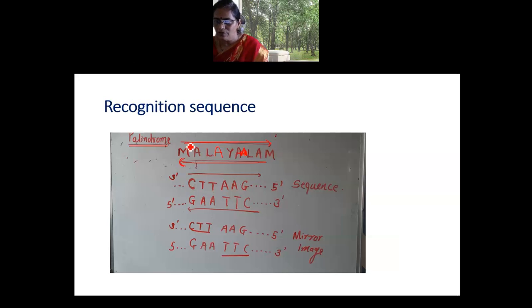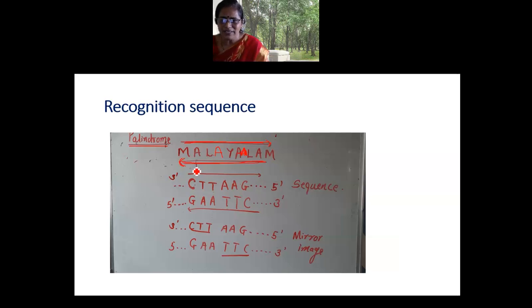A group of letters which makes the same word when we read forward as well as backward, then it is called a palindrome. Malayalam is a group of letters which produces the same word.